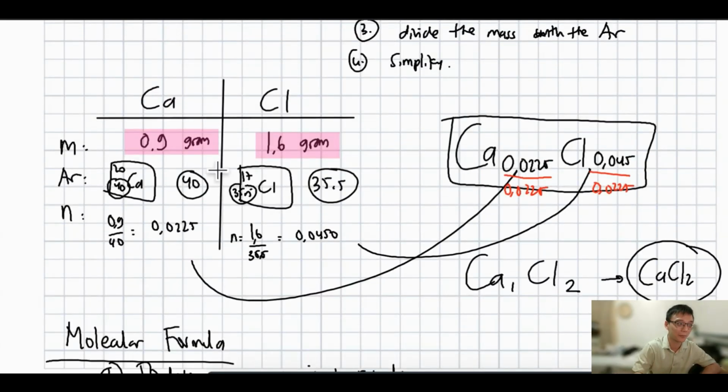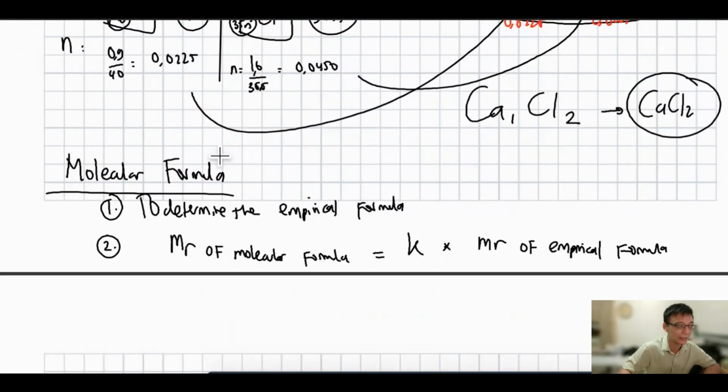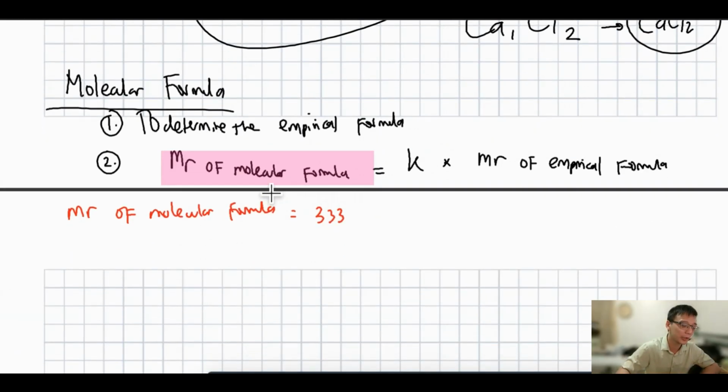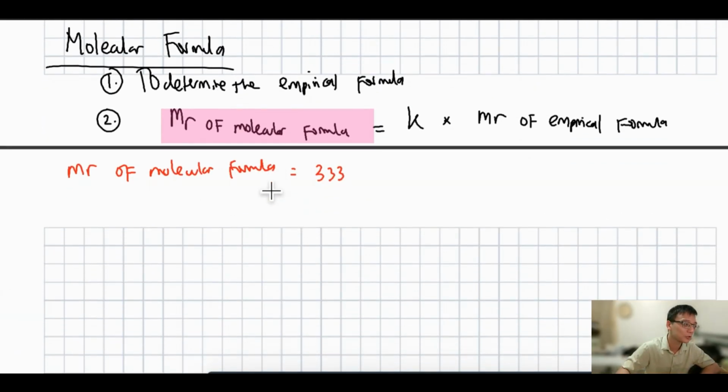So this is still the empirical formula. Everything that we find based on this is just the empirical formula. In order to find the molecular formula, we need to have information about the MR of the molecular formula. Let's say that it is given by the question. The MR of the molecular formula is 333. Let's say, determine the molecular formula. So let's plug in this formula.